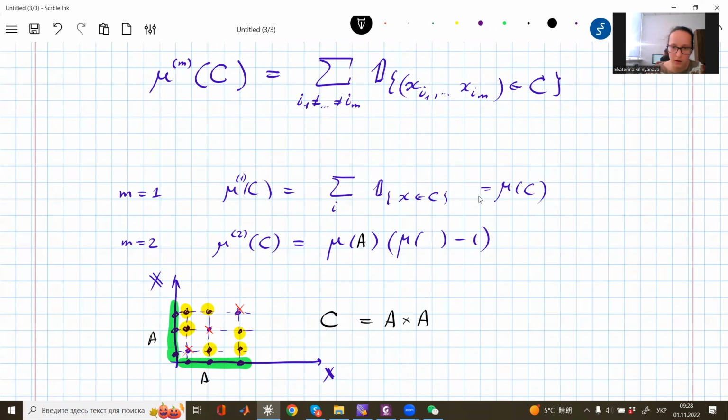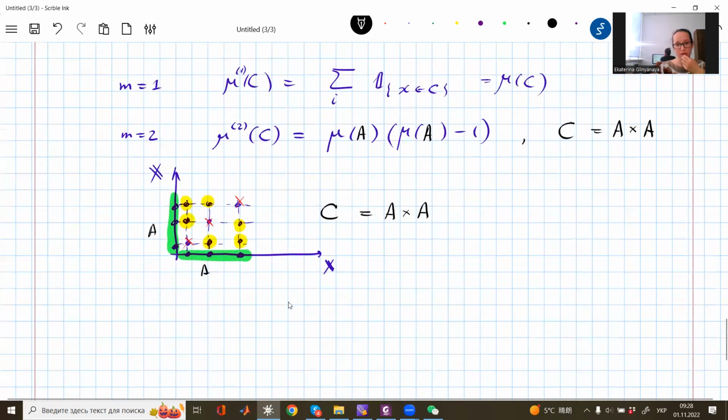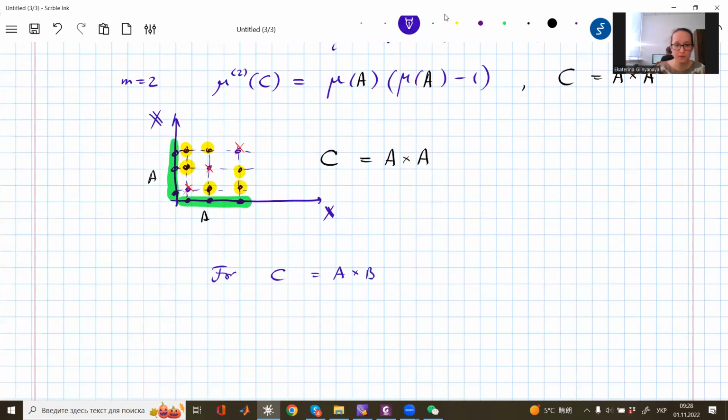Here I have C of the form A times A. But if I take for C, this is a continuous example, for C of the form A times B, so this is just some rectangular, I will have the same picture. A times B. What is it? So we can just draw the picture and see what we have.